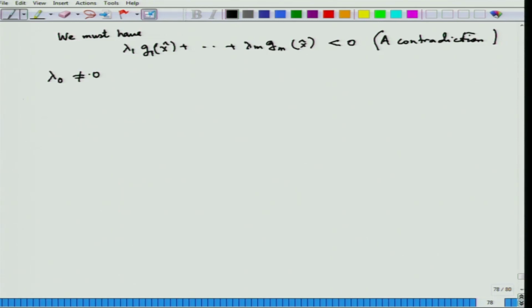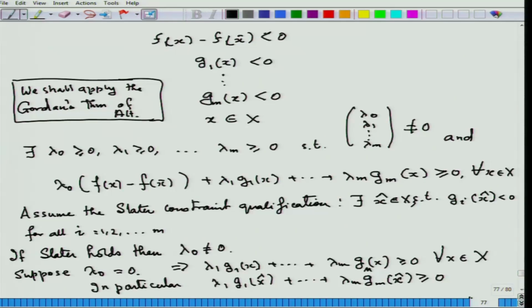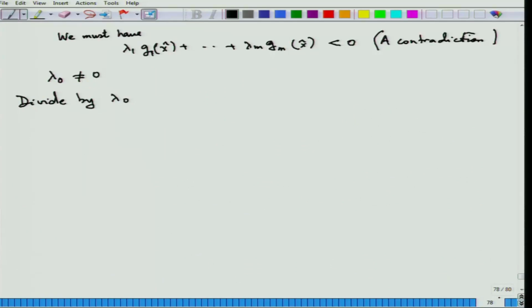So, what I now do is divide this equation by lambda naught. So, what I get is the following. Because lambda naught is not equal to 0, it means lambda naught is strictly bigger than 0.